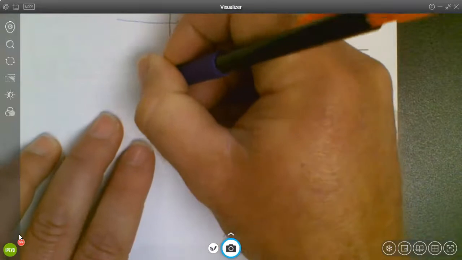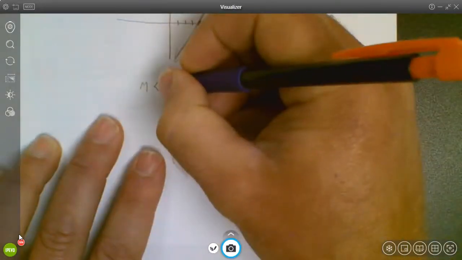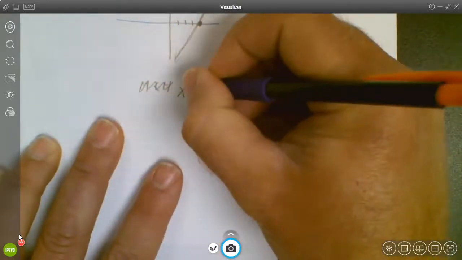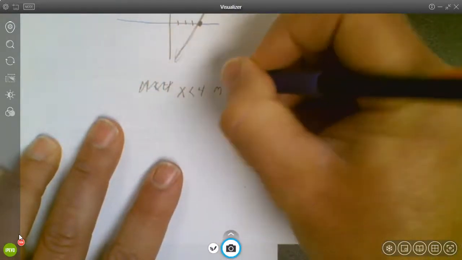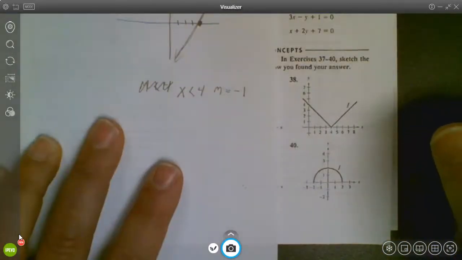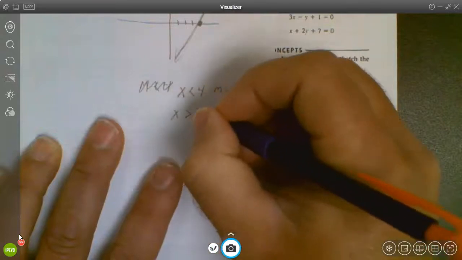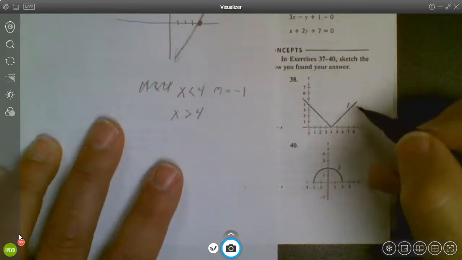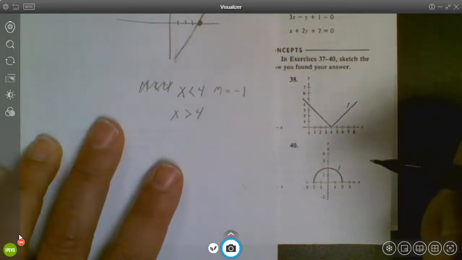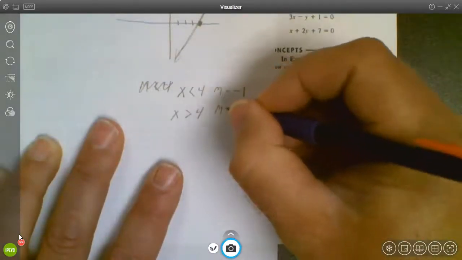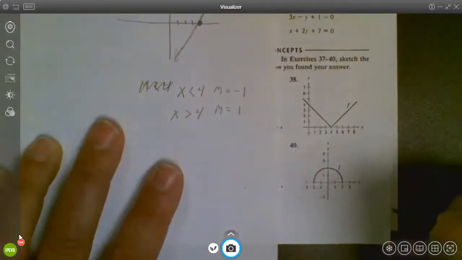So the slope to the left of 4, for x less than 4, my slope is always -1. Where x is greater than 4, on this portion of the graph, my slope is always +1. It is a constant slope because this is linear.